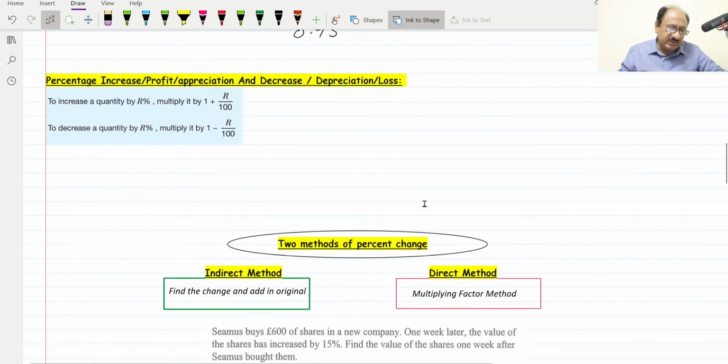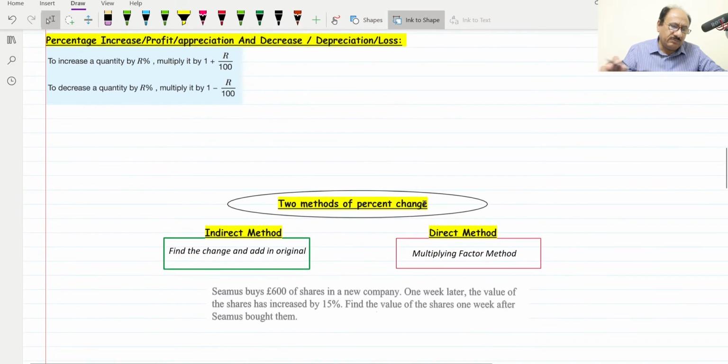Now the wording of the question is also very important. If percentage increase, or profit, or appreciation is mentioned, these three words mean an increase in value. And if they use the words decrease, depreciation or loss, these three words indicate a decrease in value.